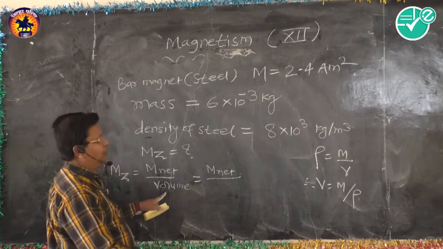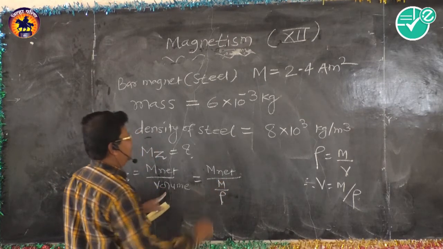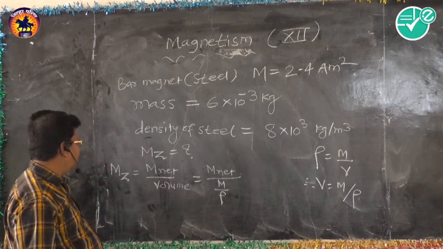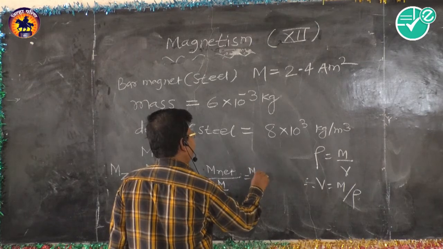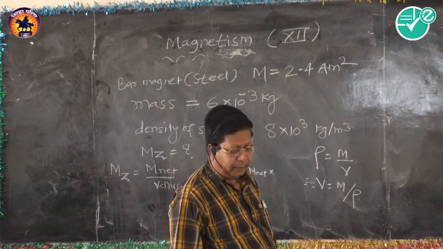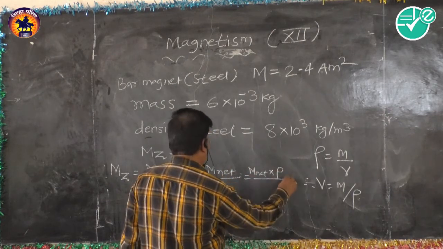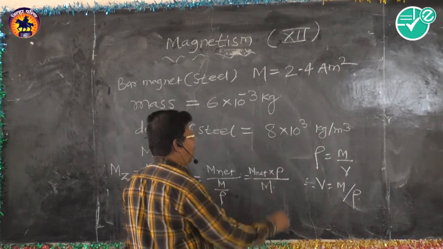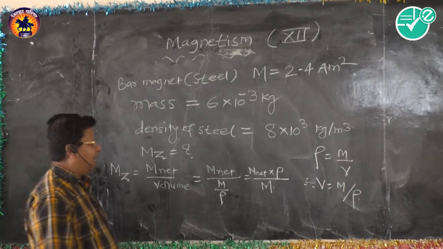So the value of volume is mass upon density, and therefore our formula becomes M net, magnetic dipole moment, multiplied by the density of the steel divided by mass of a magnet made from steel.